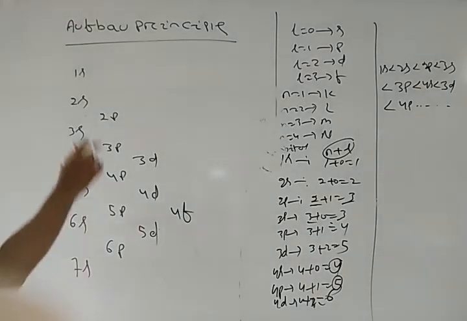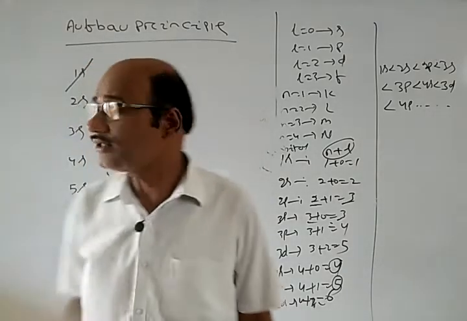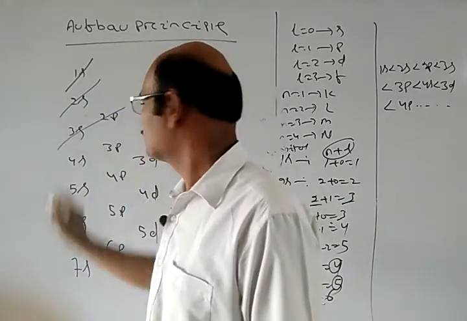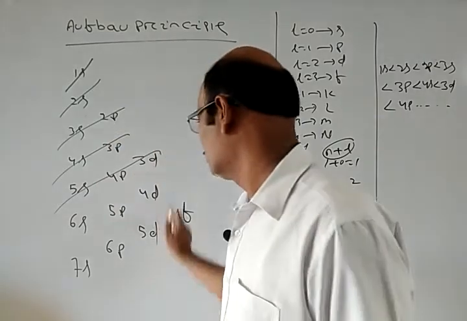Let's see. First of all, 1s will fill up. Then 2s. Then 2p, 3s, 3p, 4s, 3d, 4p, 5s, 4d, 5p, 6s.